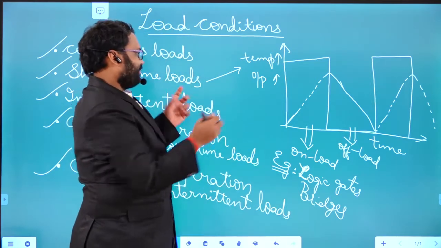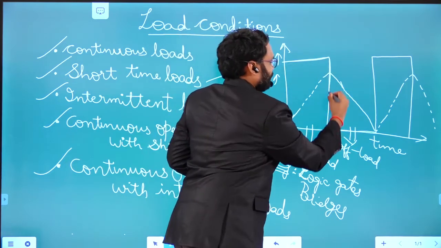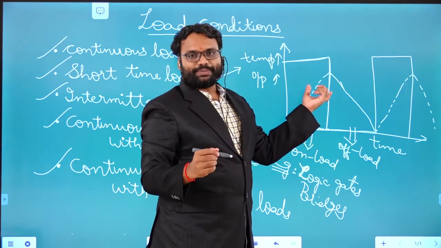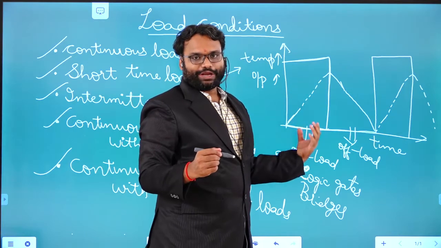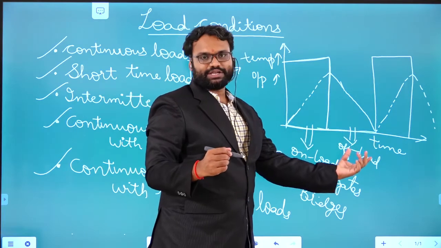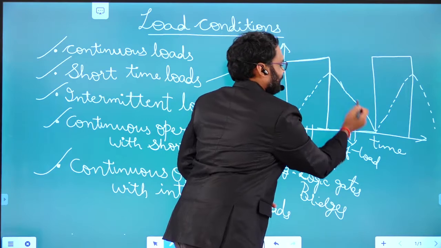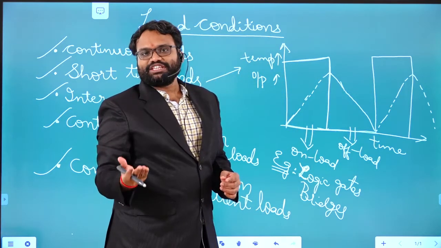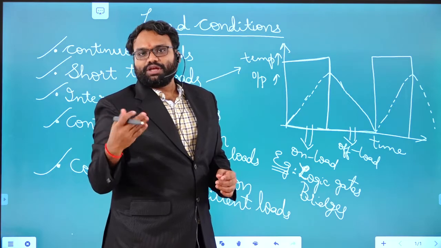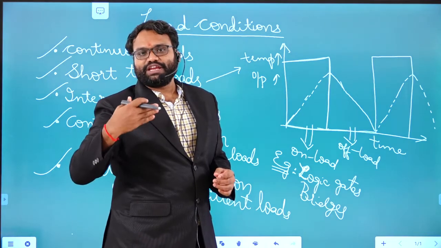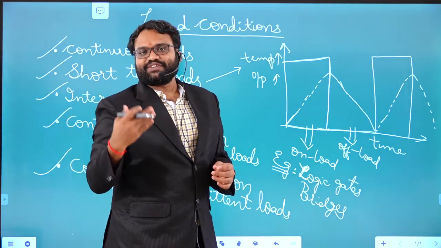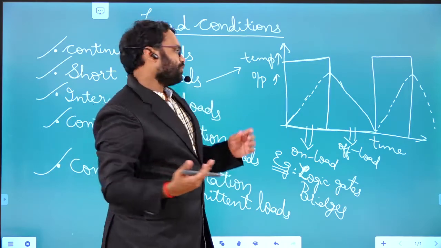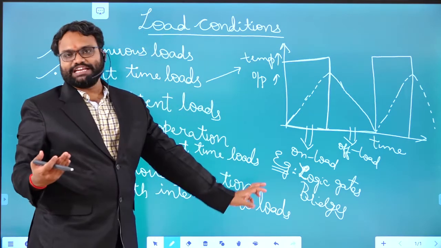Where the load torque is on, suppose at the maximum load torque we are experiencing on load condition, and then we have an off load condition, the temperature will rise and then decrease. That means there is no load condition, the motor is shut off, and the amount of heat that has built up has sufficient time to dissipate. So these kinds of loads we will see in logic gates and bridges.